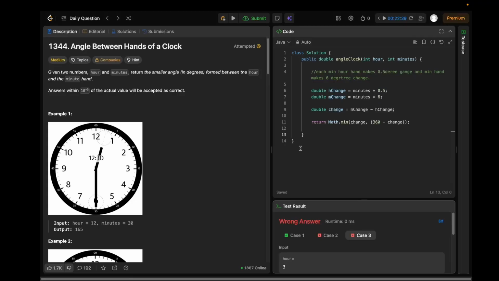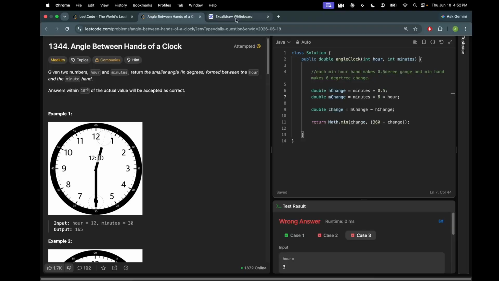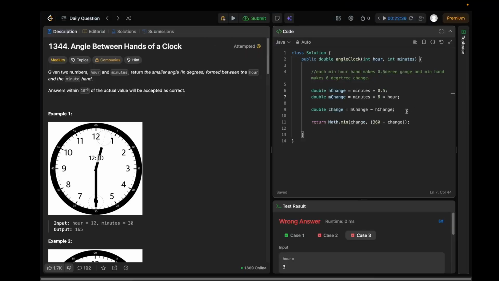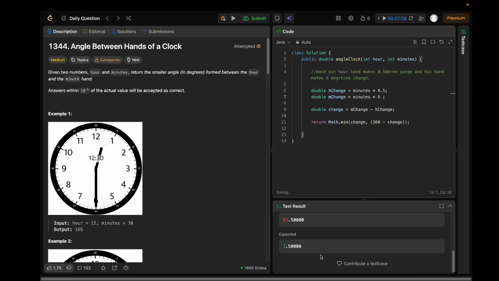Oh, I have to multiply the hour too, not just the minute. Times the hour, right? No, I don't think I need hour. One second. Let's think of this case as 3:15.